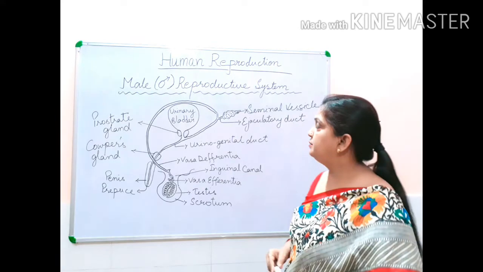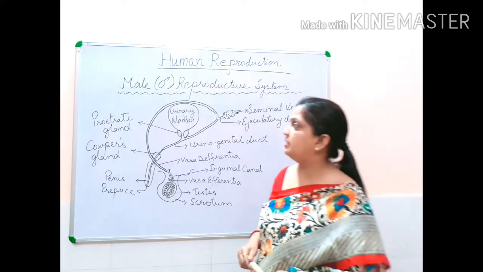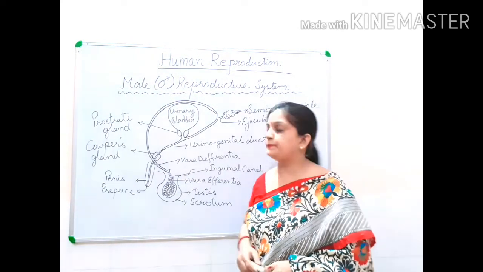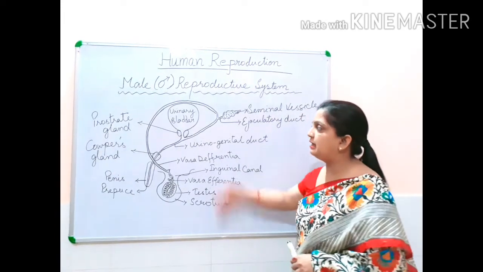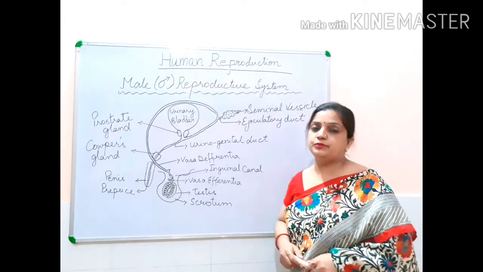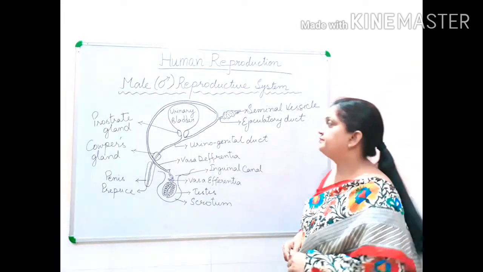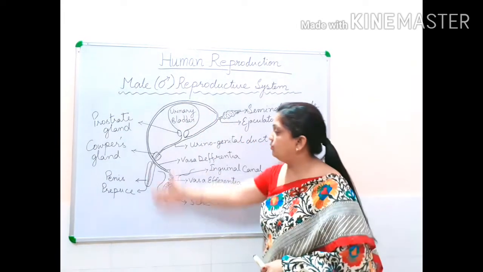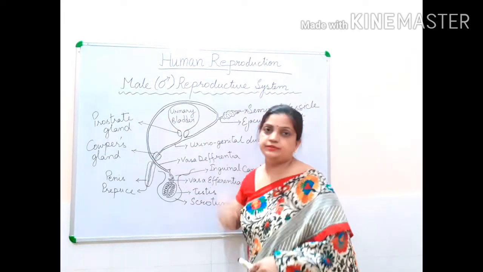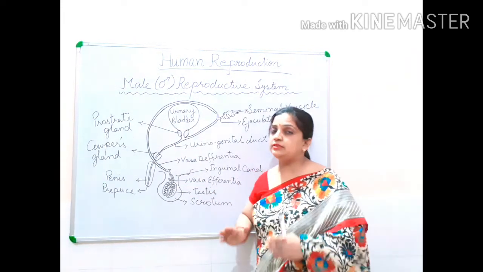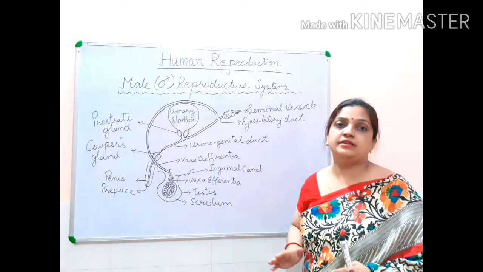Before moving ahead with each part separately, in very short, let us discuss the diagram of how the male reproductive system looks. You can see that on the board I have drawn the diagram with various labelings. The diagram is not very complicated, it's very simple.